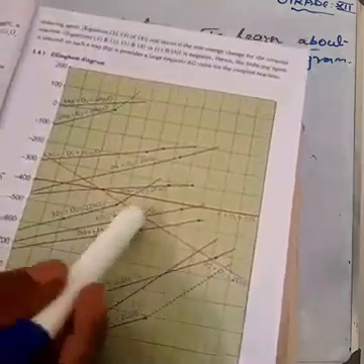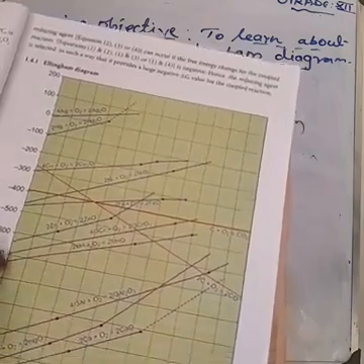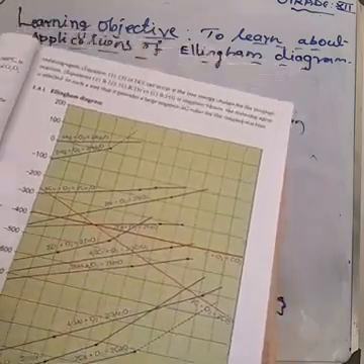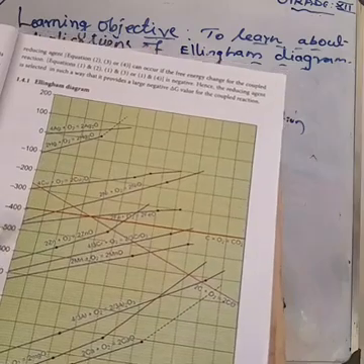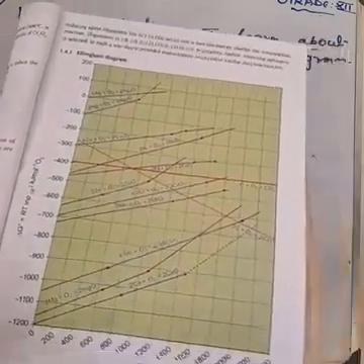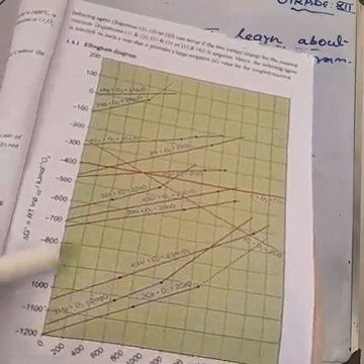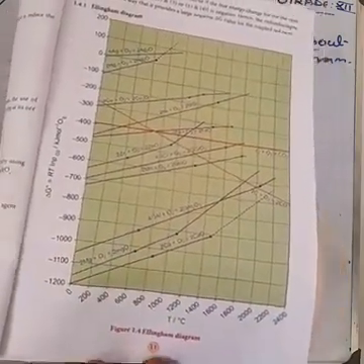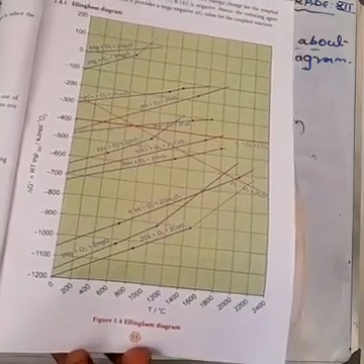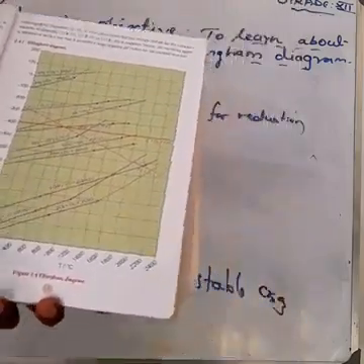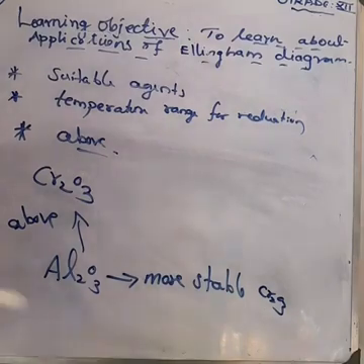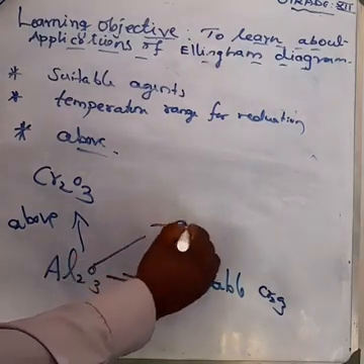For chromic oxide it is nearly minus 500. For aluminum oxide it is nearly up to minus 900. So which has the high negative value? Aluminum oxide has the higher negative value compared to chromic oxide.